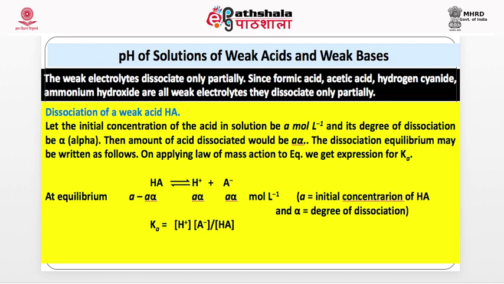Suppose you have taken initial concentration A and alpha is the degree of dissociation, then the amount dissociated will be A into alpha. So, if you started at A, the initial concentration is A, then at equilibrium it will be A minus A alpha. This will be A alpha, and this will also be A alpha. At equilibrium, the equilibrium constant K equals this into this upon this, and writing their concentrations you can write it.